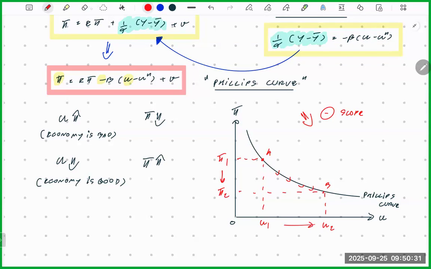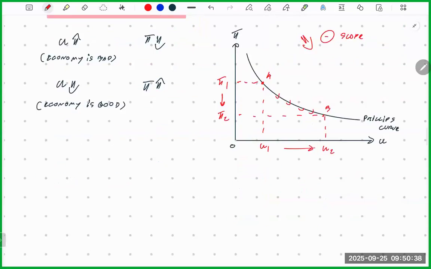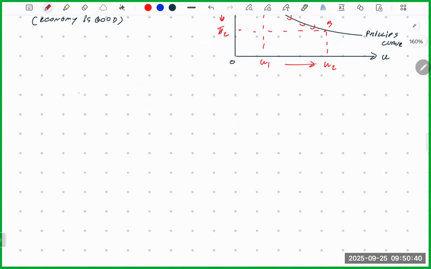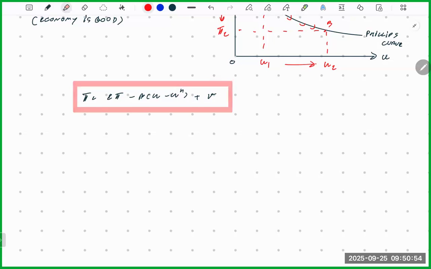And then I take the Phillips curve equation below: pi equals expected pi minus beta times (u minus un) plus v. From the Phillips curve equation, let's assume that we don't have a supply shock, so v equals 0 and this term disappears.